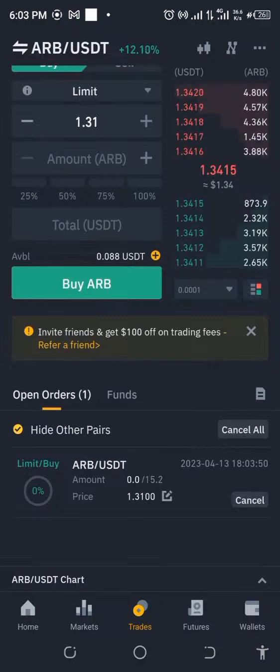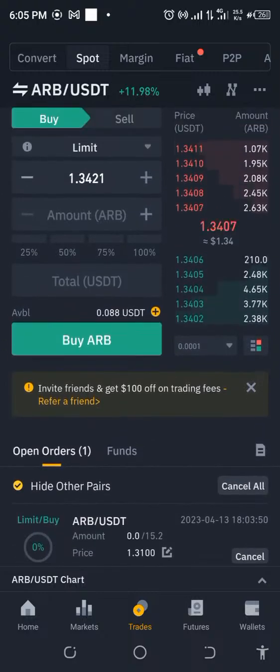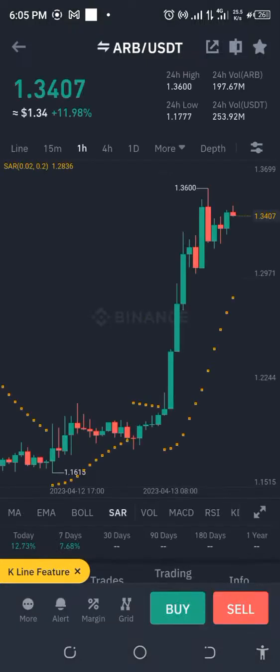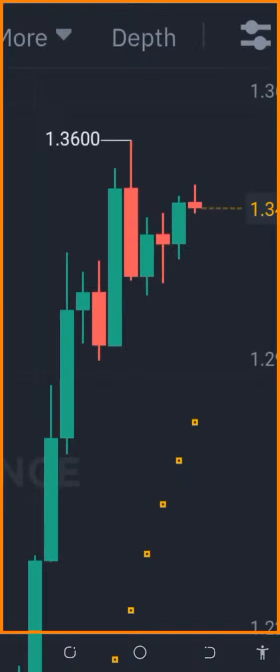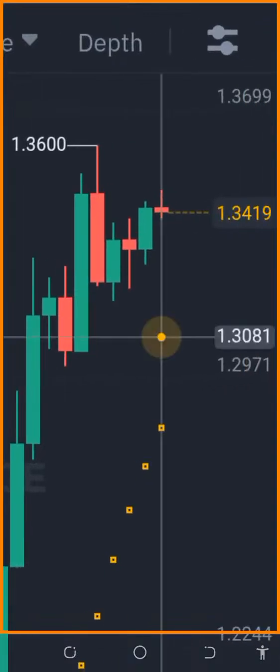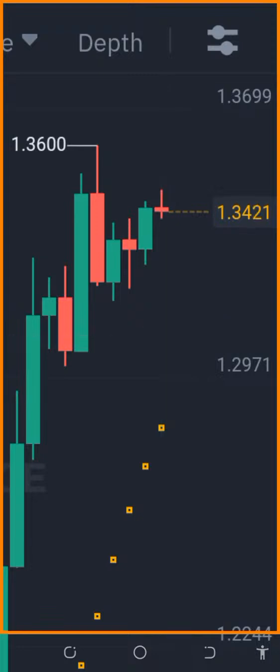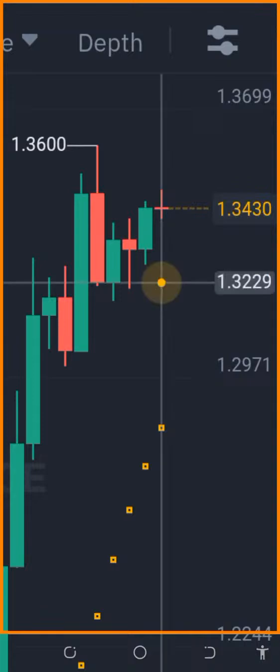See you shortly. All right, I'm back, but I just remembered something. This particular buy limit looks a bit adventurous, right? I was just looking at something here and I felt I should bring that to our attention. I'm trying to see where 1.31 is, and it looks quite far. So I'm thinking of making it 1.32. I mean, there's no harm in trying to get it bought off quickly.